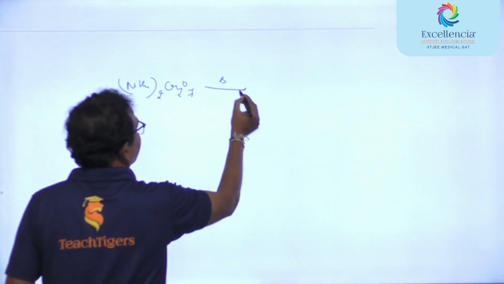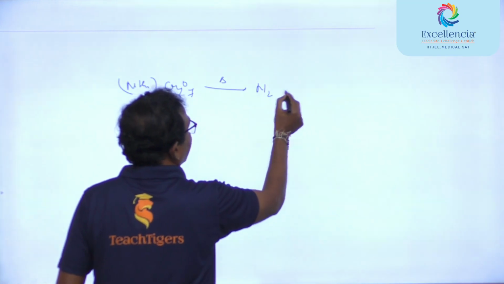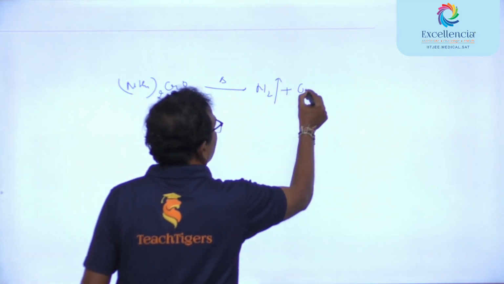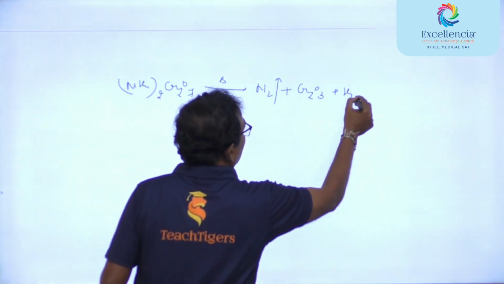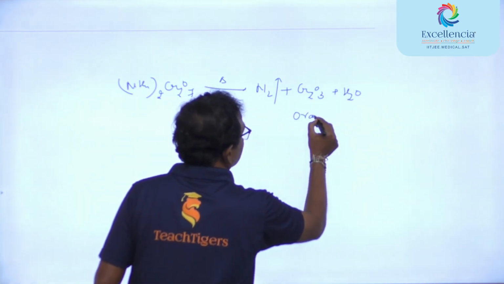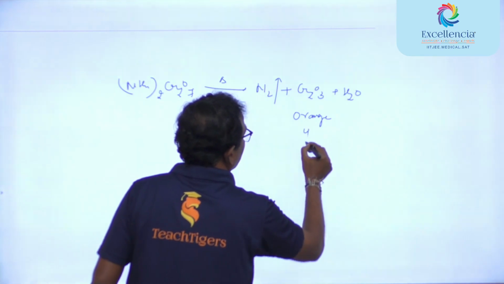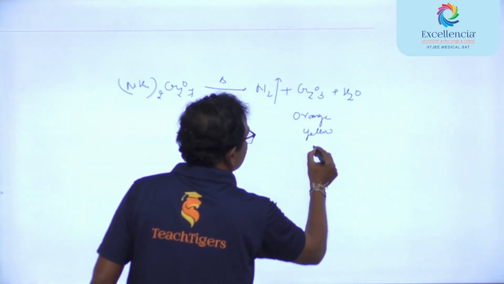This upon heating was giving rise to nitrogen gas and chromic anhydride plus water. This is orange, yellow, solid.